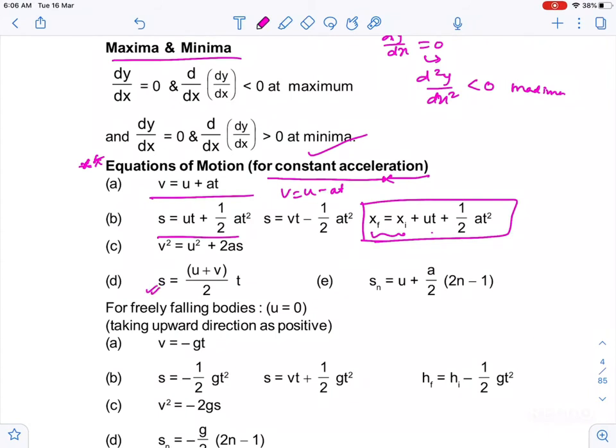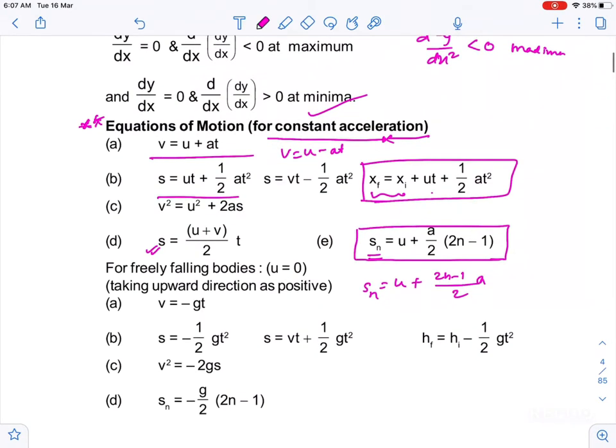So s is the average of u plus v by 2 into t, and then distance travelled in the nth second. If you remember this formula, you can directly calculate the time required, because many times they have asked this question: u plus (2n minus 1) into a by 2, or u plus (2n minus 1) by 2 into a. This is the distance travelled in the nth second.